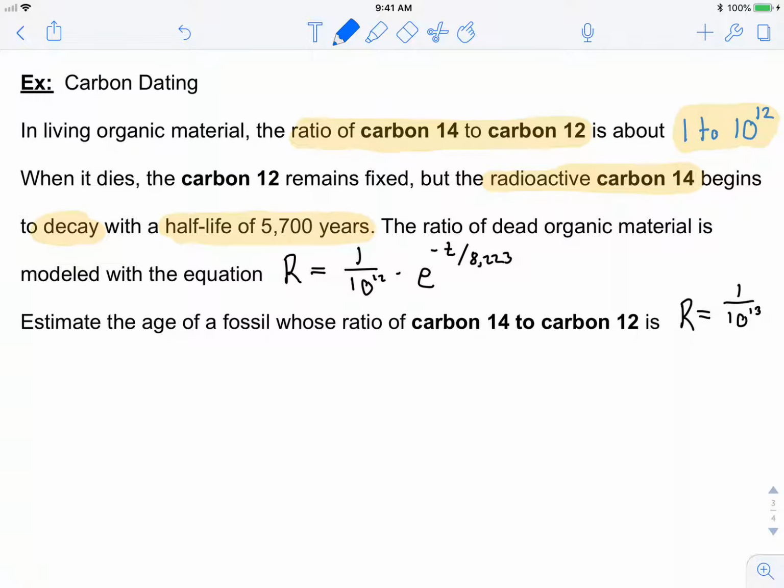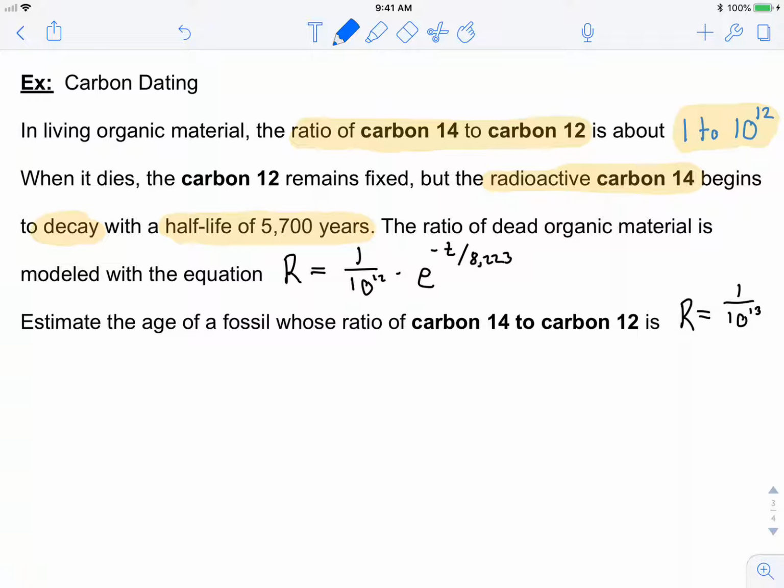The ratio of dead organic material is modeled by the equation R is equal to 1 divided by 10 to the power 12 times e to the power negative t divided by 8,223. And R is the ratio here.